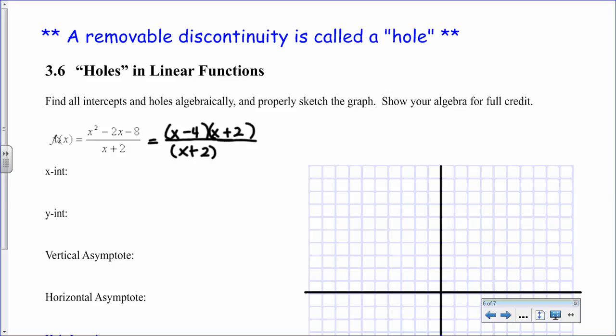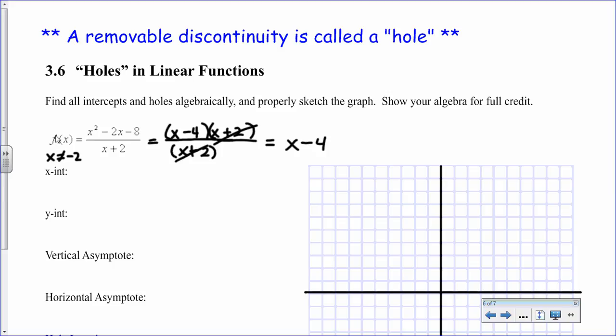Okay, so does the x plus 2 cancel? Yeah, but instead of being an asymptote, it's a hole because it cancels. So I end up with just x minus 4.